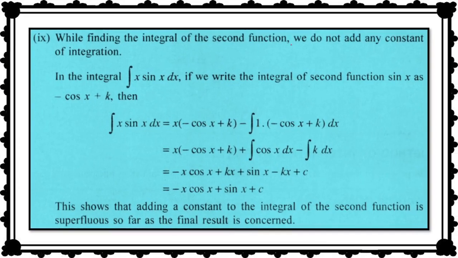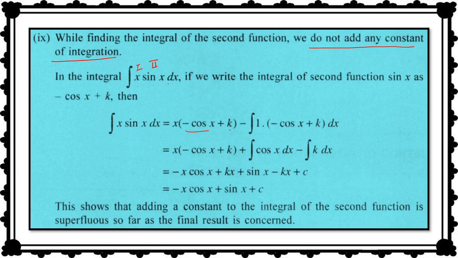While finding the integral of the second function, we do not add any constant of integration, right? Why? Because see here, let's take this function x sine x. Now x we will take as the first function and sine x as the second function, and applying by parts, x first, integral of second, right?